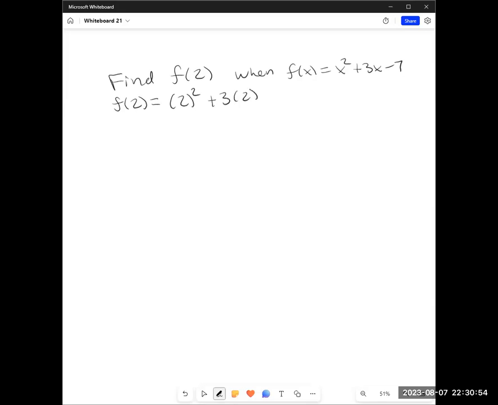Leave everything else alone. Now we're going to follow our order of operations. Take care of our exponents first, then our multiplication. Then we add and subtract from left to right, like so. So we get that the answer is f of 2 is equal to 3.